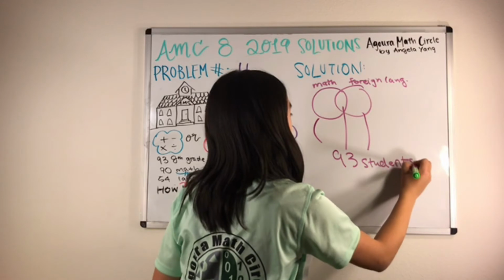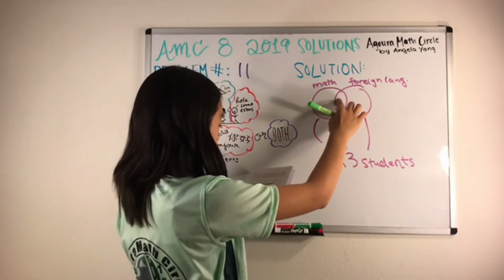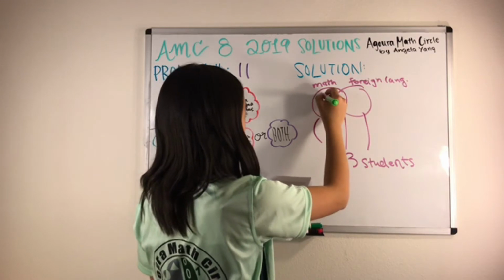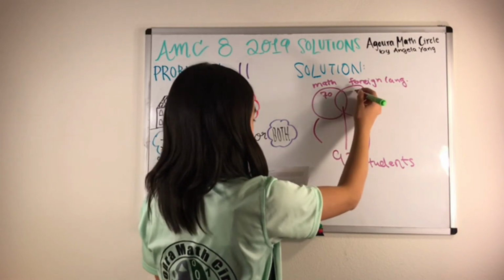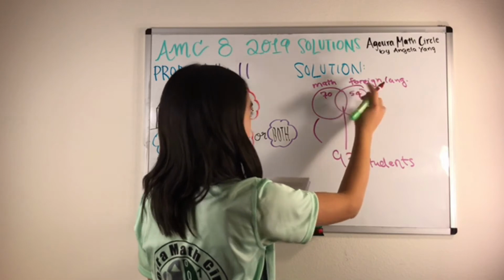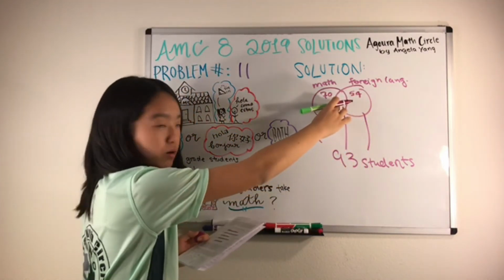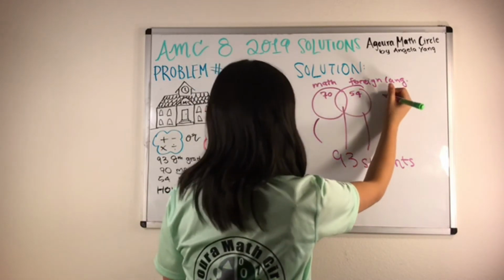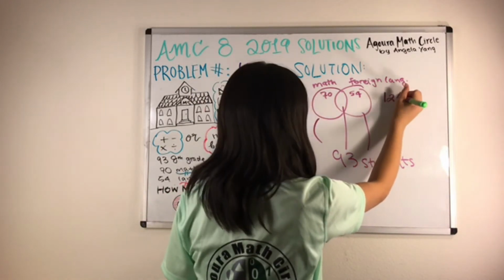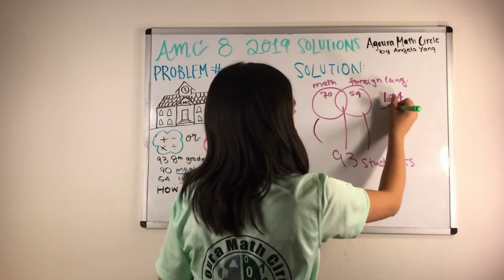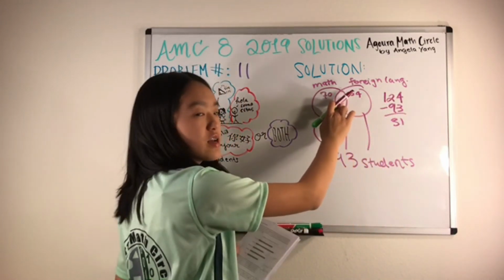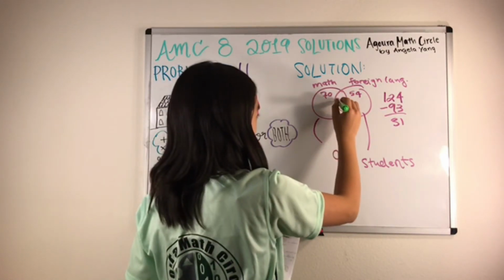We don't know the number of students that are in both, but we know there are 70 students in math and 54 in foreign language. But some of these students could take both. So if we add this up, we get 124, and that's far from 93. And if we subtract 93, we get 31, which means there are 31 students that are taking both classes.